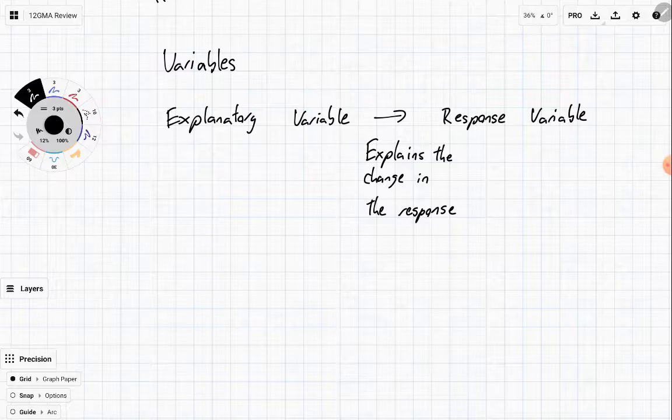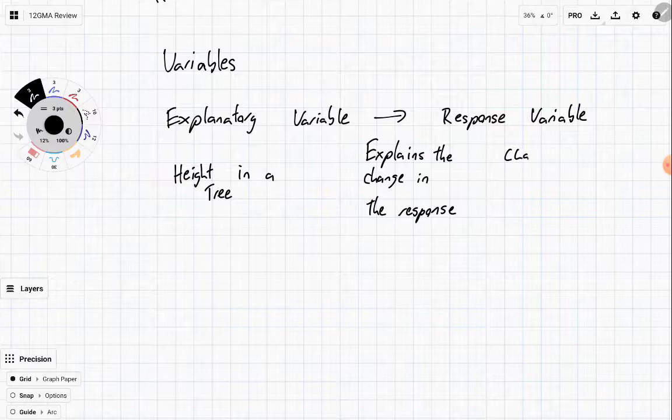And this could be a simple example: the higher you climb in a tree, the greater the chance of getting injured, right?